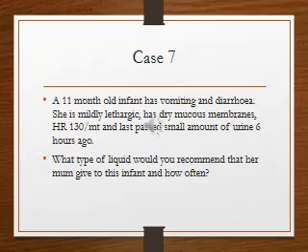So this is an 11-month-old infant who has vomiting and diarrhea. She is lethargic, she has dry mucous membranes, heart rate is 130. She passed urine 6 hours ago, so moderately dehydrated. What type of fluid would you recommend that her mum give to this infant, and how often? I think we discussed this already. You would use diarrhoea rehydration solution, 1 to 2 mils per kilo every 5 minutes or so.